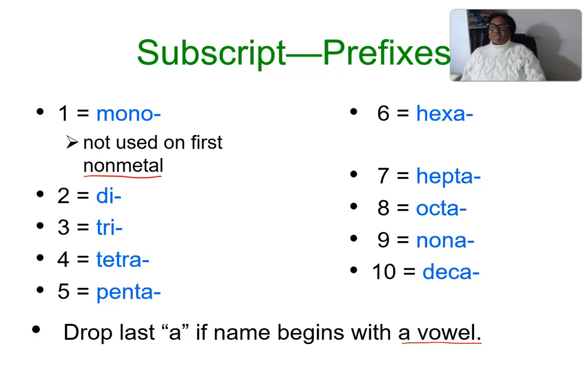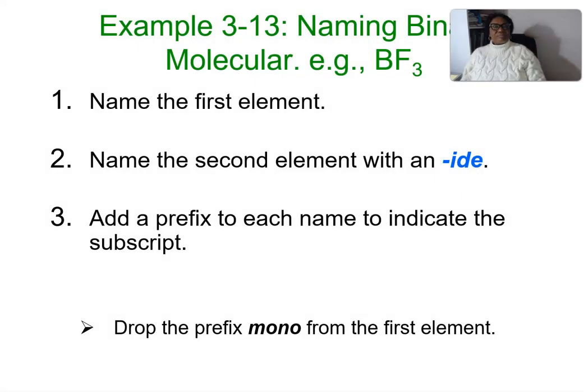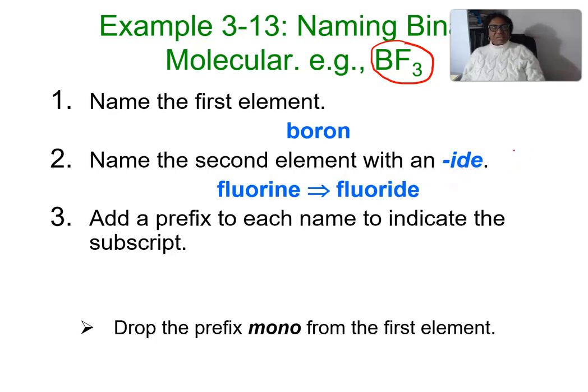So we'll take some examples. Let's name this compound. The name of the first element is boron. The name of the second element must end with IDE. So fluorine is changed to fluoride. Fluorine to fluoride.